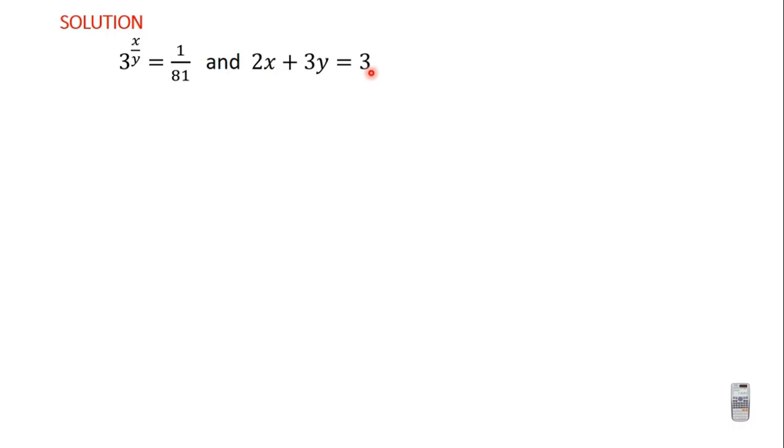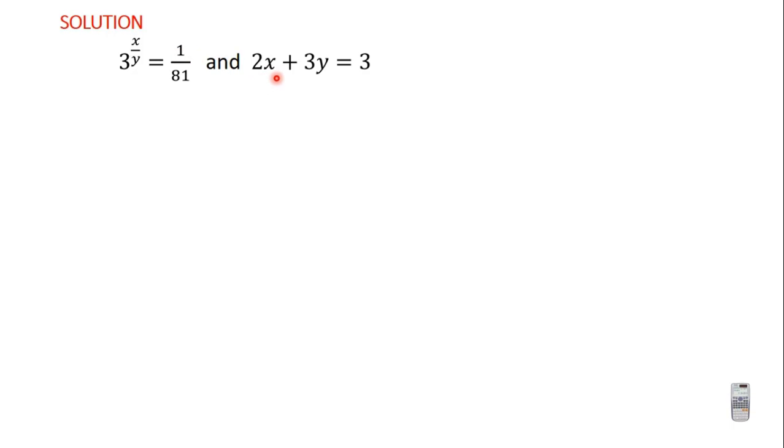You can see that the second equation is not in index form. The second equation was given to us as a linear equation. So you have to work on the first equation such that you will get equation 1 in linear form, and you will solve equation 1 and equation 2 simultaneously. I hope that is clear.